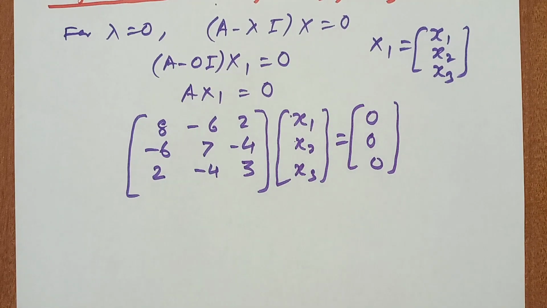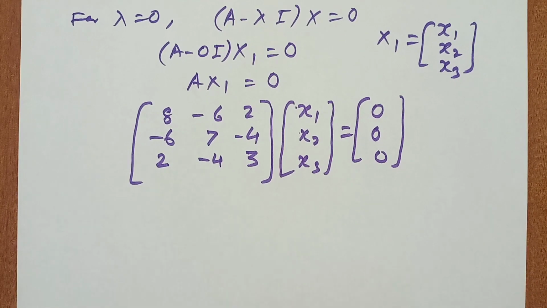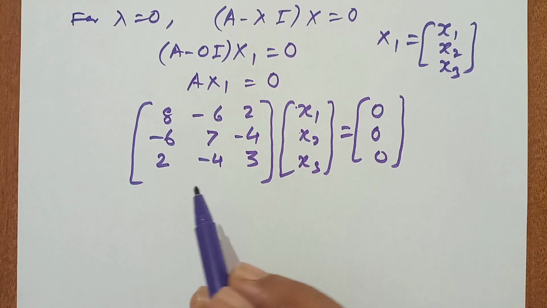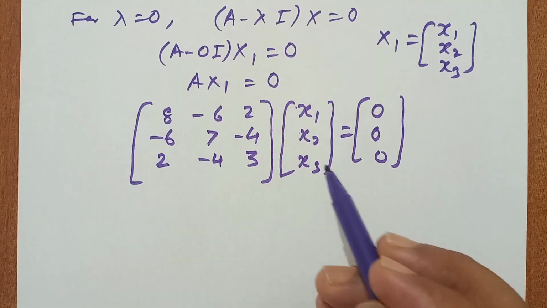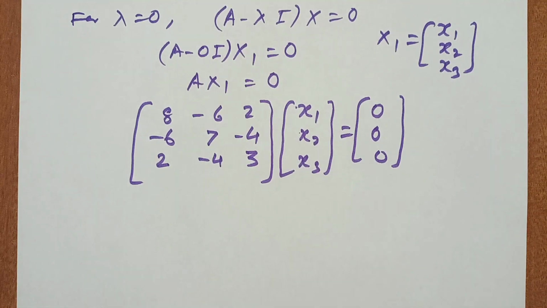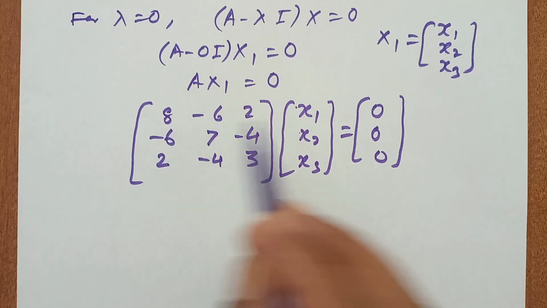Now this is very important from this step. Our aim is to calculate the eigenvectors, meaning the values of x1, x2, x3. There are so many ways. First, we can solve the 3 equations.